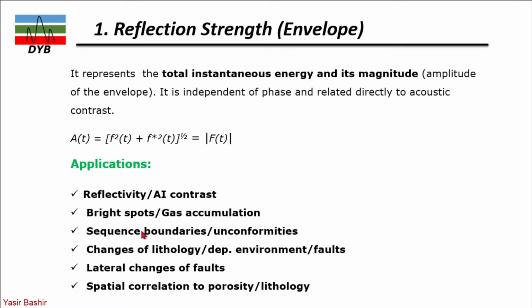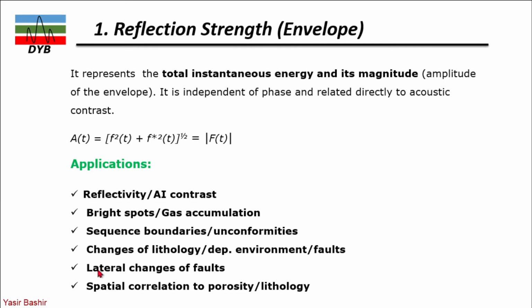Then obviously we can look at sequence boundaries such as unconformity, disconformities, paraconformities, and angular unconformity as well. Then we have the change of lithology, which can also be identified based on reflection strength. If we have some fault, we can identify that as well.